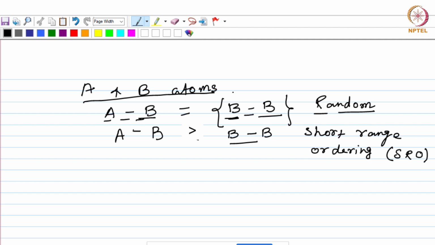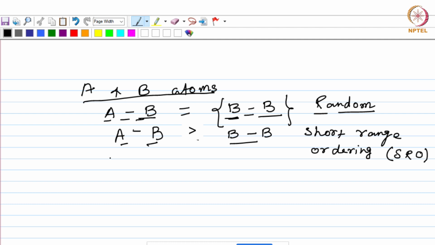Okay, so if this tendency of having dissimilar atoms prevails over a short range in the lattice, and you have an arrangement of A having B as their neighbor, then that is known as short range ordering.